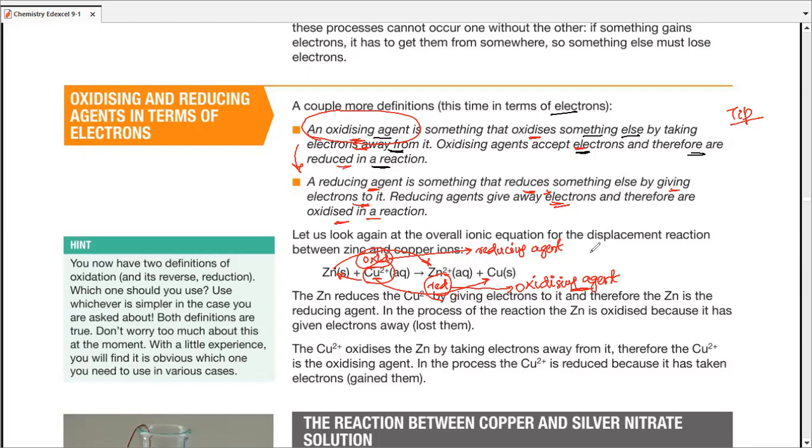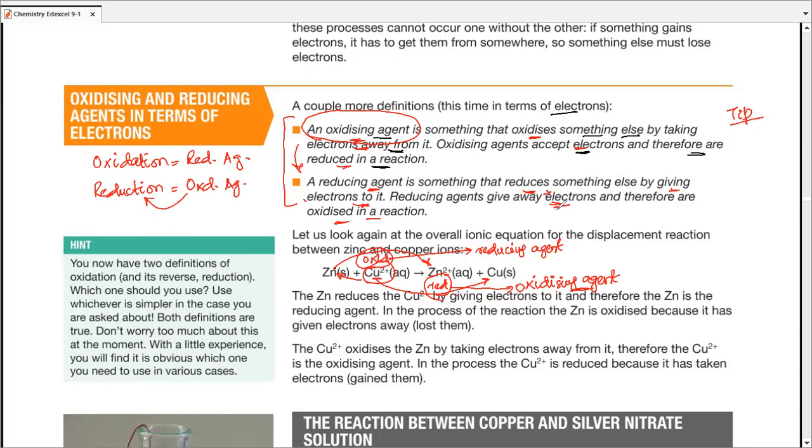Every word is the opposite of the first one. If you can't remember both of these, no problem. Remember, anything that undergoes oxidation in a reaction is known as a reducing agent, right? And anything which undergoes reduction in a reaction is actually an oxidizing agent. So simply writing that an oxidizing agent gets reduced in a reaction is good enough of a definition.